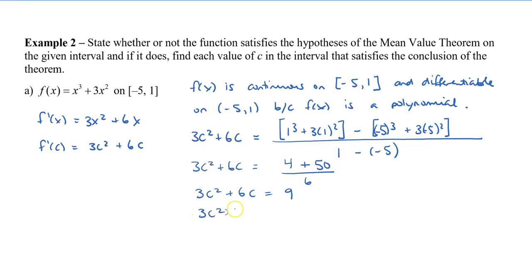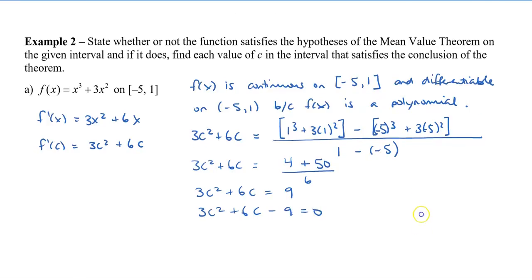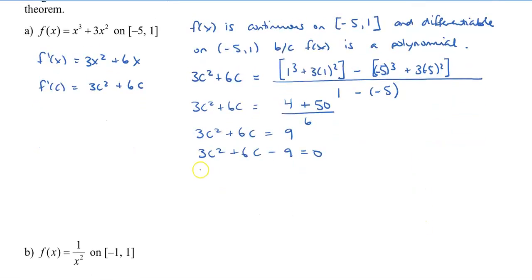Move everything to one side, set it equal to 0. And I can factor 3 out, so let's do that. Then I can see that this is factorable. So I get c plus 3 times c minus 1 equals 0. So c equals -3 and 1.